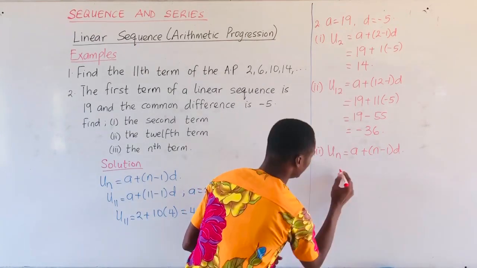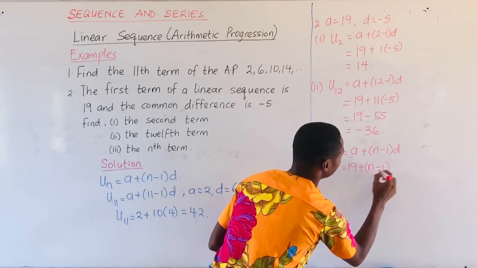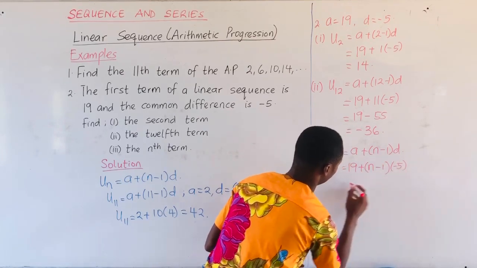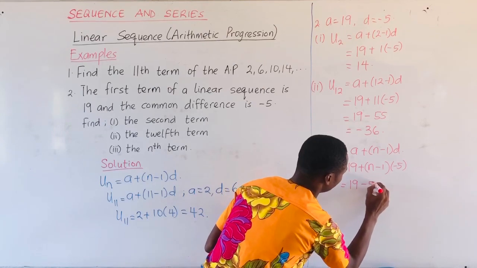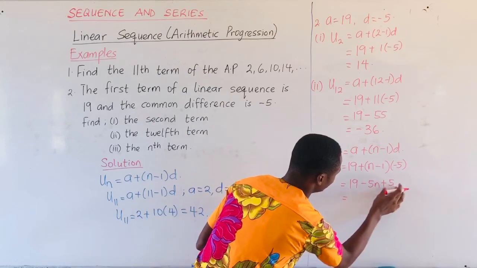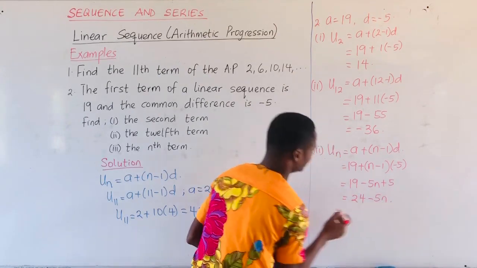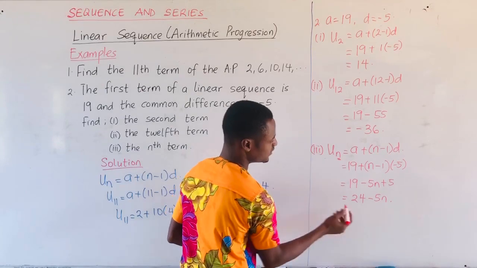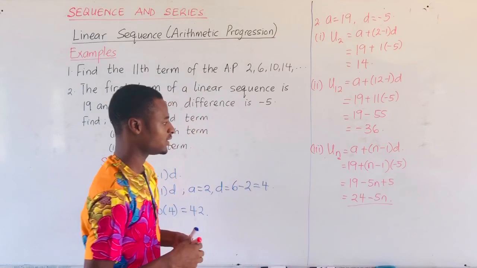We have a as 19, and then d is negative 5. So 19 minus 5n plus 5. 19 plus 5 is 24 minus 5n. This is the nth term, so the final answer will contain the variable n.